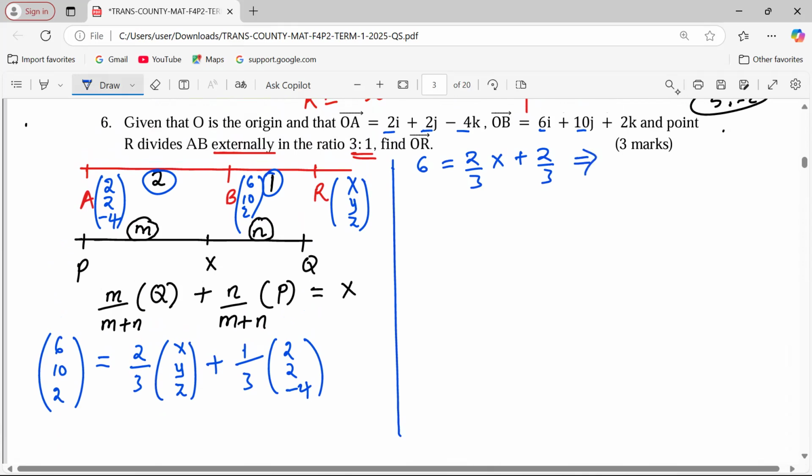Now at this point, we can say 2/3 X equals 5 1/3, because 2/3 must be subtracted from 6.